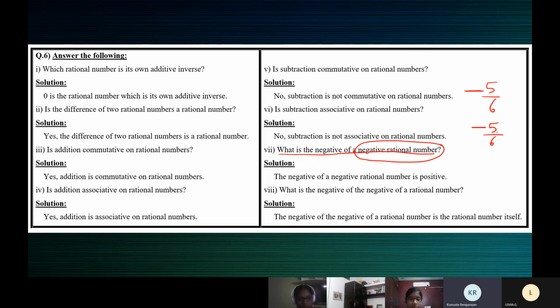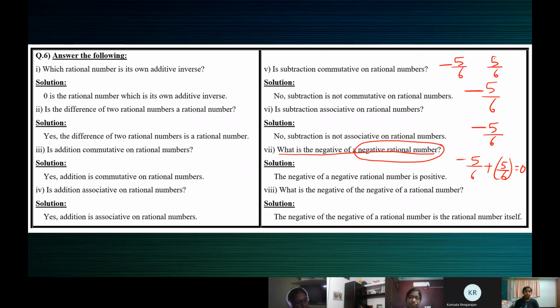The negative meaning the additive inverse. This number minus 5 by 6 added to what will give you the answer as 0? So clearly the answer is 5 by 6. So this is a negative rational number. Its negative is a positive rational number.